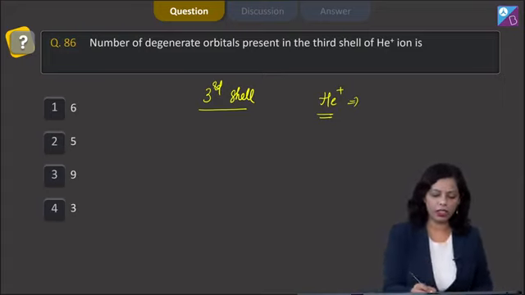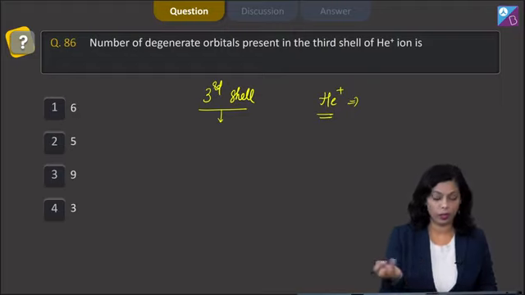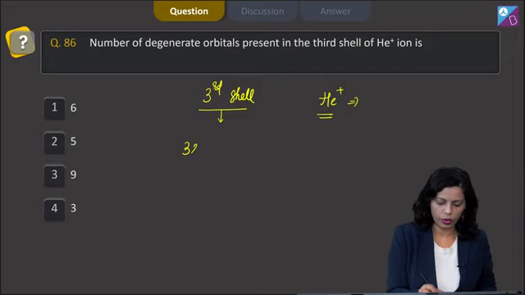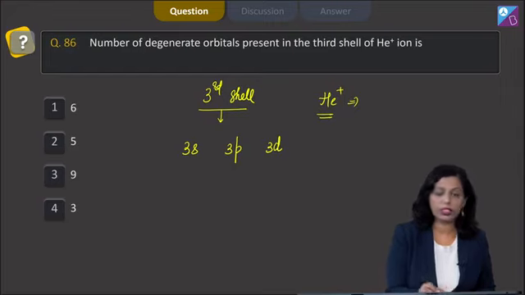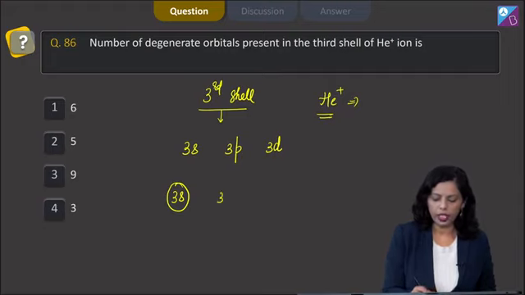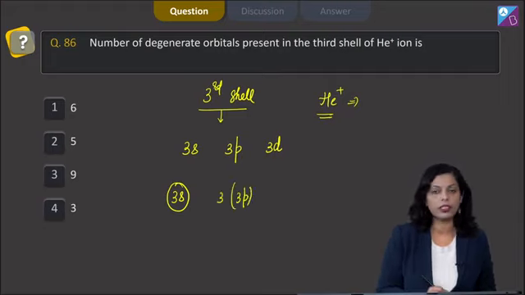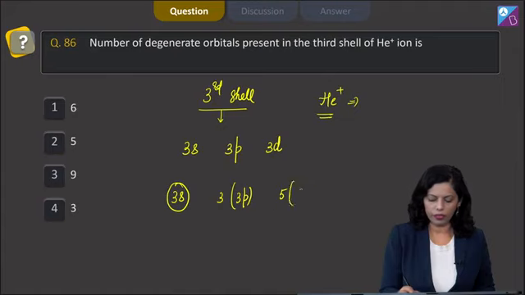Clear? The third shell has the subshells 3s, 3p and 3d. Now for the orbitals: 1 3s orbital, 3 3p orbitals, and 5 3d orbitals.